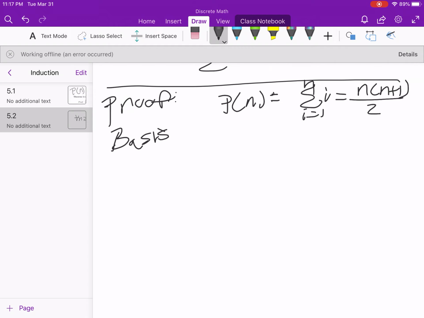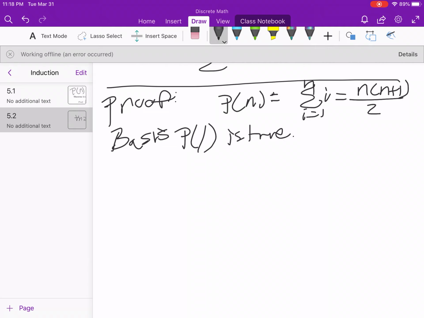Now the basis, this is the first step on our sort of ladder, our foundation that we're going to build for ourselves to build the proof up. So in this case, the smallest positive integer is 1. So I need to show that P of 1 is true.